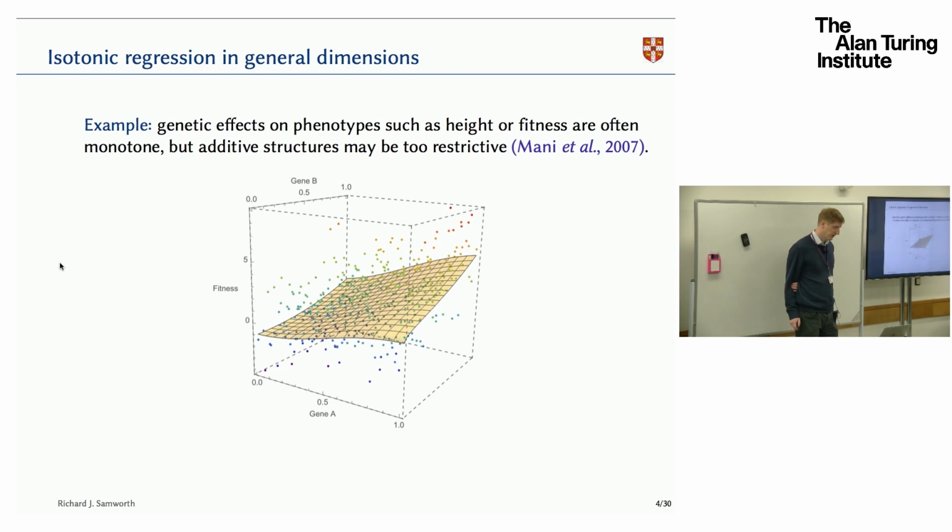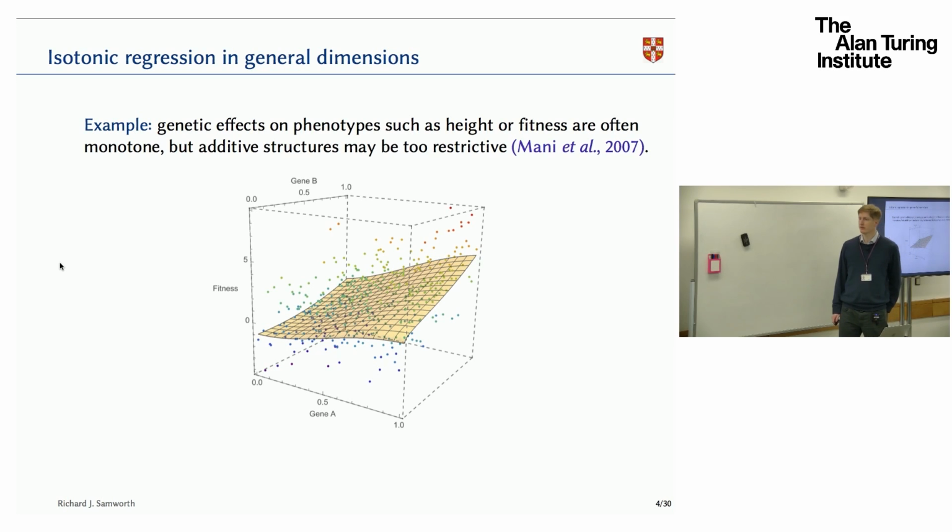So I'm going to be interested in the multidimensional setting, where we've got several different covariates. Actually, this has been studied quite a lot in the genetics literature, where there are lots of cases where you might think that phenotypes are monotone functions of covariates.